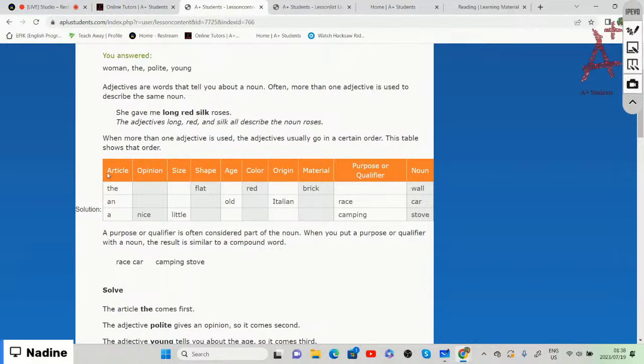In order to properly identify the adjectives, we need to know the order in which they need to appear. When more than one adjective is used, the adjectives usually go in a certain order. And this table in front of us will show us that order.